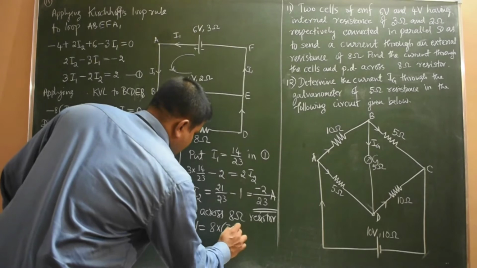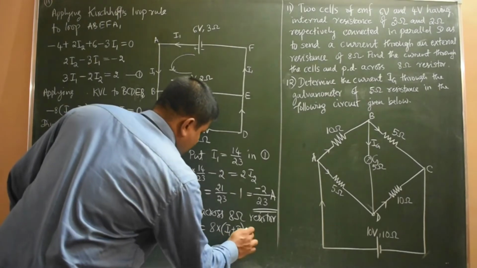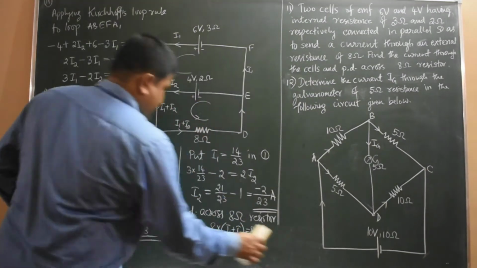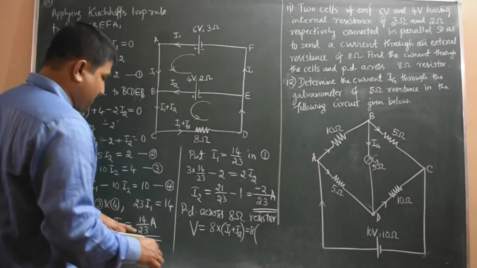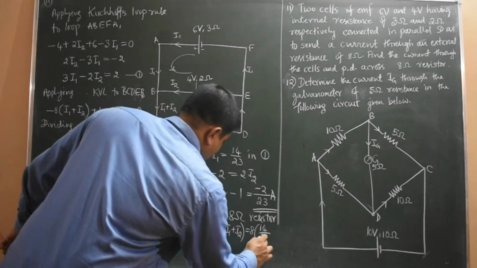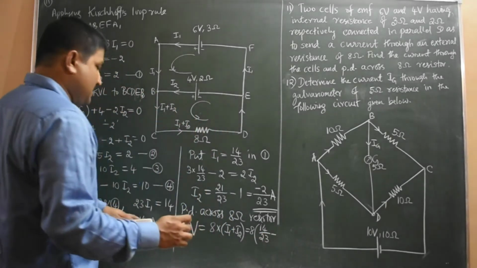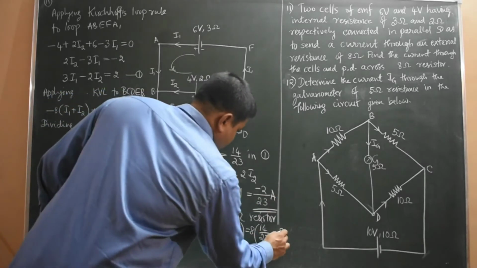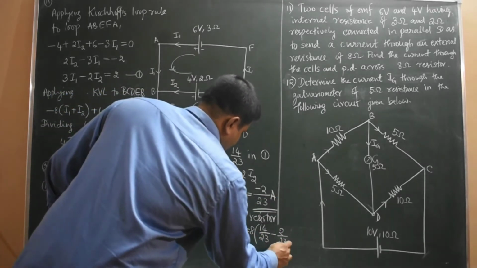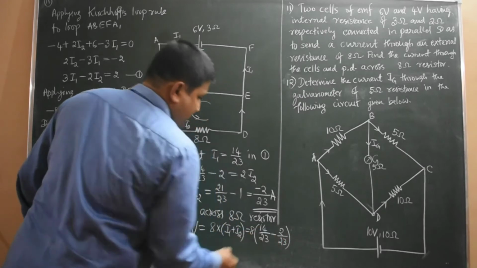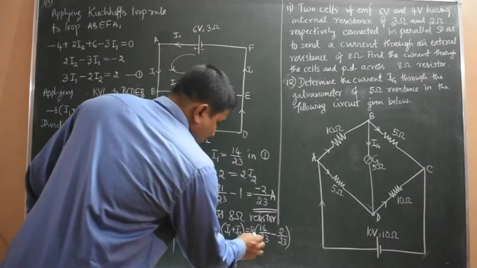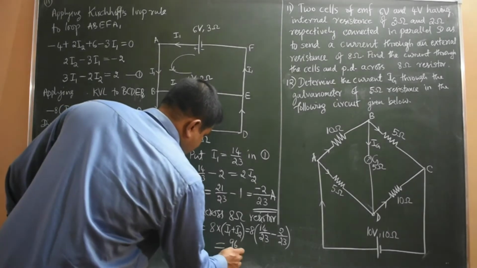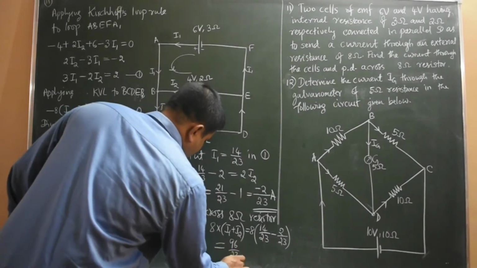Substituting, I1 we got 14 by 23, and I2 is negative already, minus 2 by 23. Now 14 minus 2 is 12, so 8 into 12 is 96, so 96 by 23 volt.